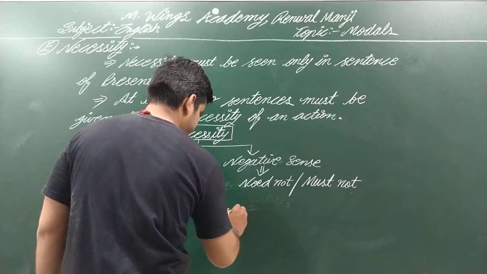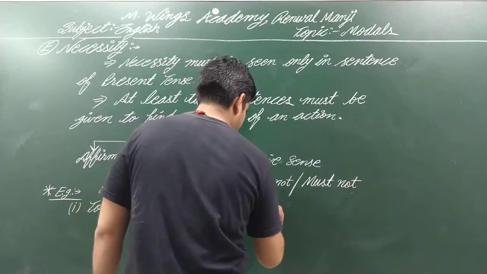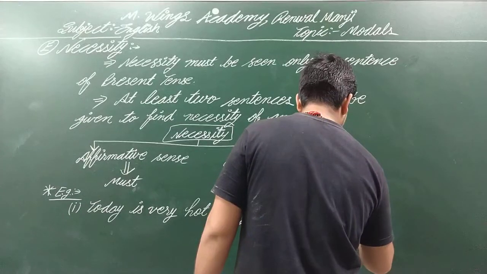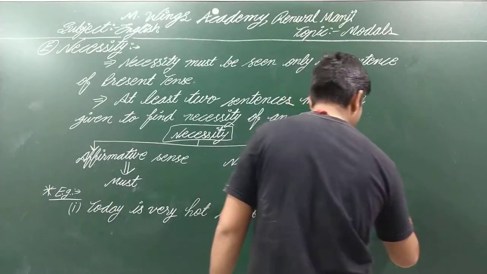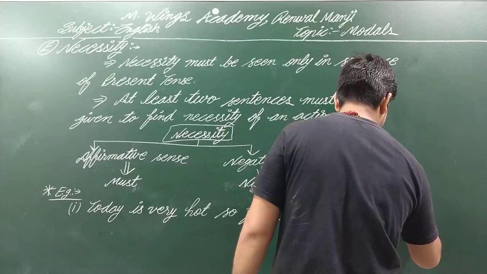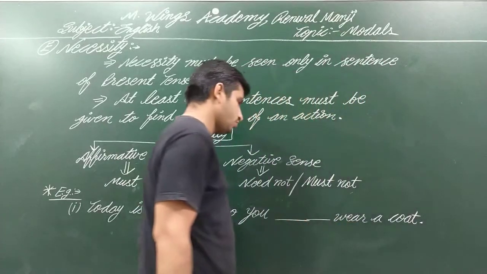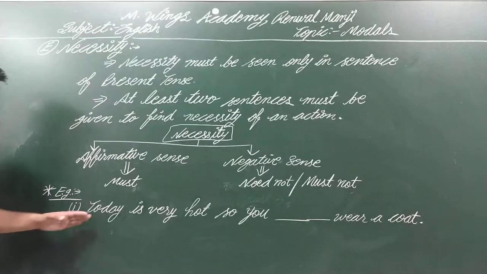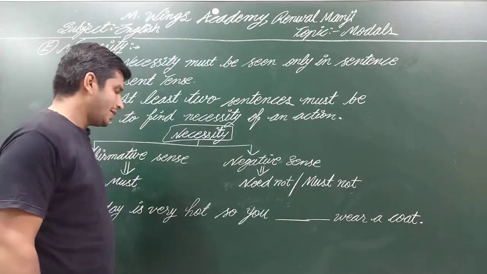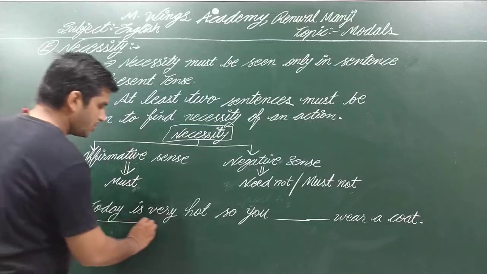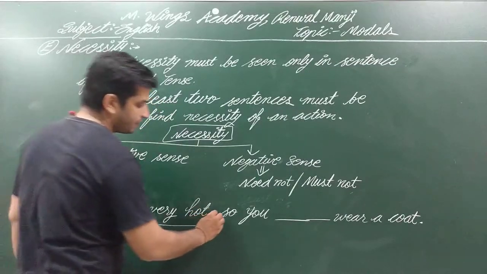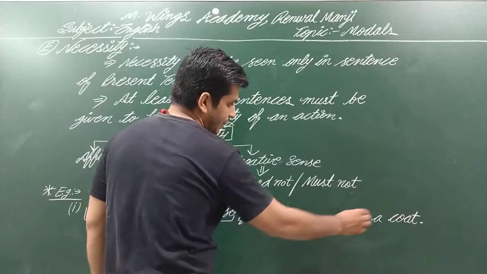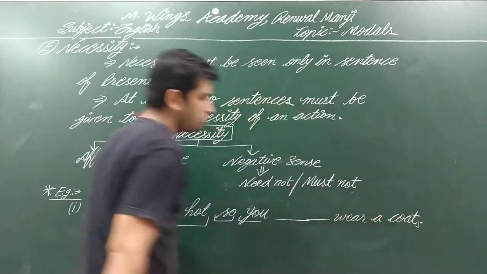So you wear a coat, otherwise jacket, otherwise woolen cloth. So in this question we have two parts of the sentence. The one part is today is very hot, and after that we write another subject, it is you, and this portion ends with the verb wear a coat.